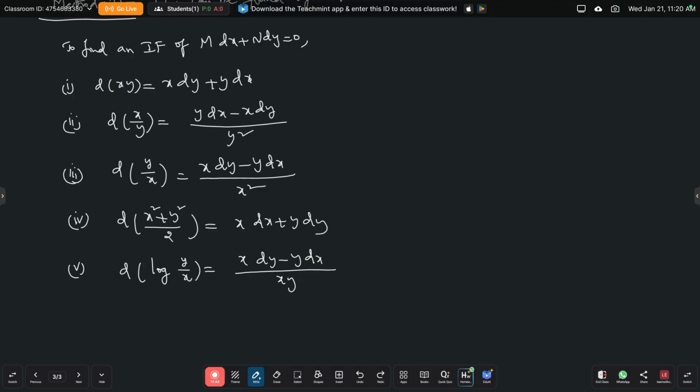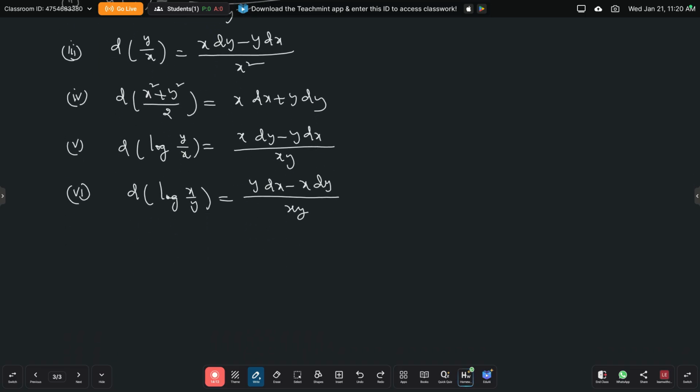So on the right hand side, if you observe these kinds of terms, then this is our function. Earlier you have seen one example also, with this kind of thing. 1 by x square you have seen, 1 by y square you have seen, 1 by xy is also an integrating factor for that now. Next, d of log x by y, just interchanging the terms. This is y dx minus x dy by, what we'll get? Again xy.